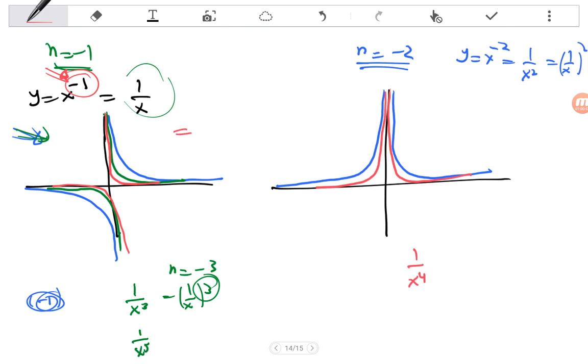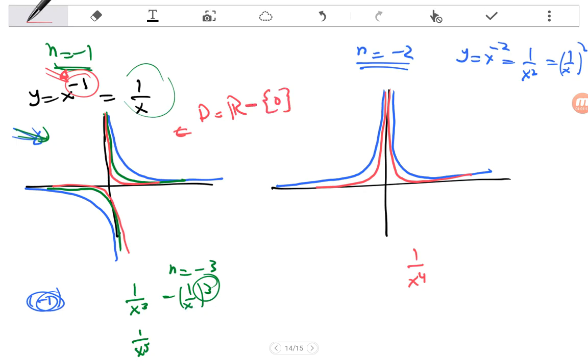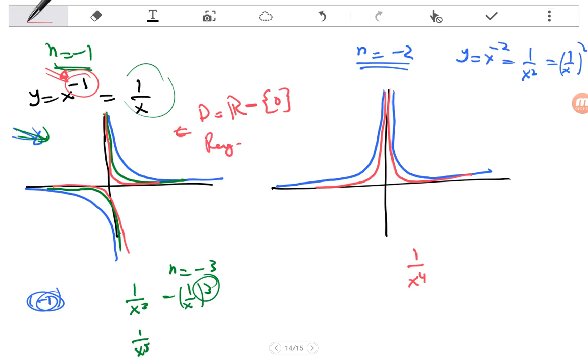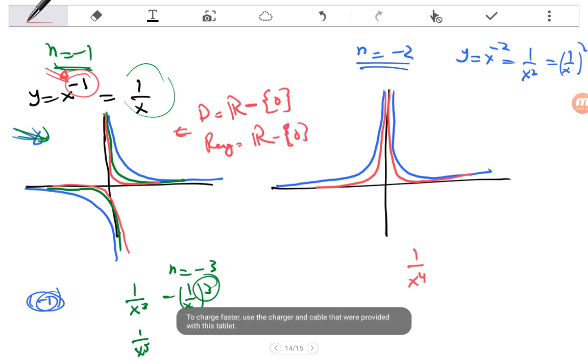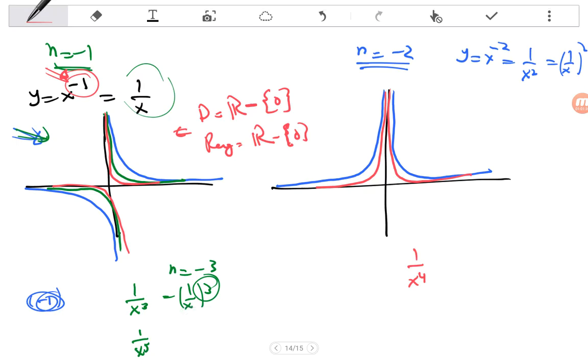What about this function? The domain is all R, excluding 0. So we express it like this: R minus the set {0}. What about the range? Look at the y-axis. The range will be R also excluding 0.